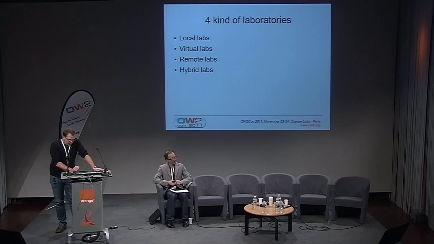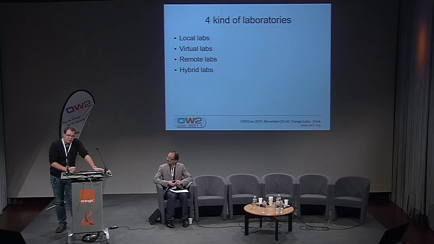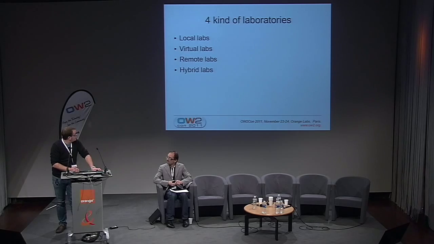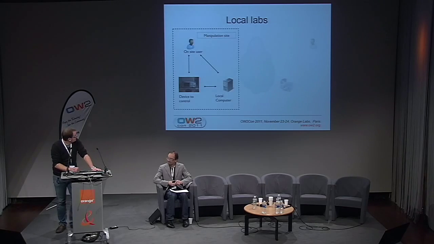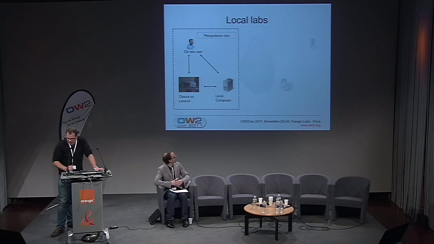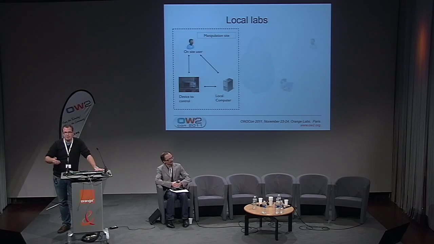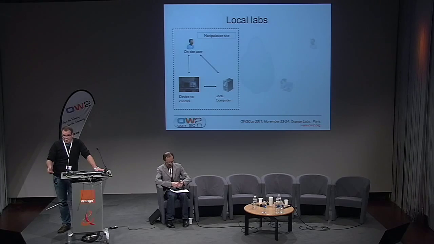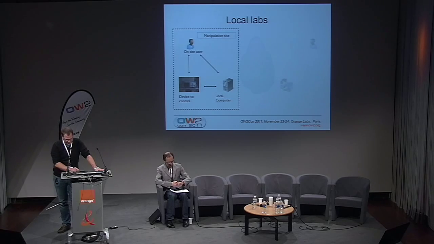So we can divide the laboratories into four kinds: the local labs, the virtual labs, the remote labs, and the hybrid labs. The first, the local labs: the user is learning with a device on site, in situ. The device can be connected to a local computer to control the device.